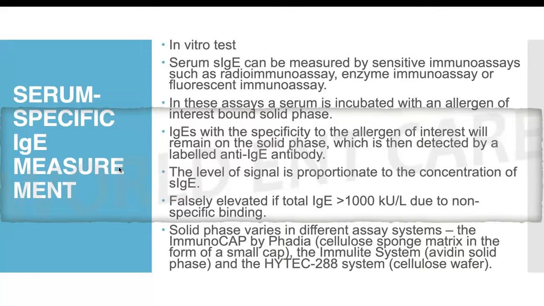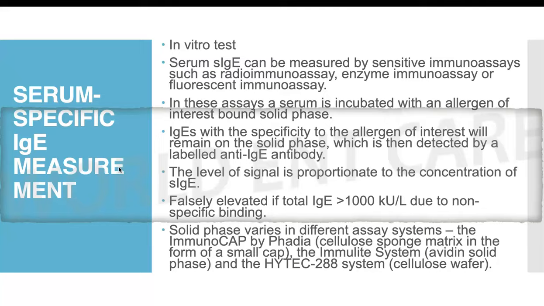Now, what do we do in these assays? The serum is incubated with the allergen of interest bound to a solid phase. Then IgE with specificity to the allergen of interest will remain on the solid phase, which is then detected by labeled anti-IgE antibody. I'll show you the whole procedure, then you'll understand it better.